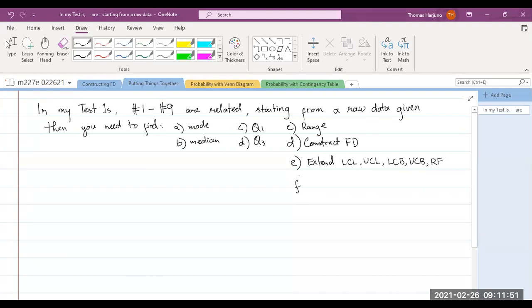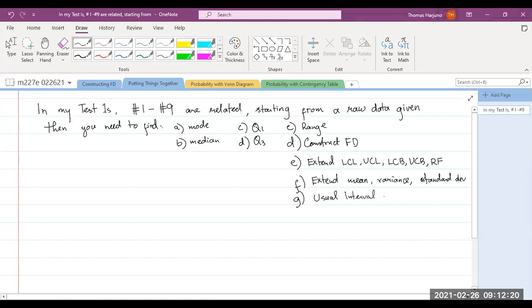And then you will also extend to find the mean, variance, and standard deviation. And then finally, you will need to find the usual interval and outliers.